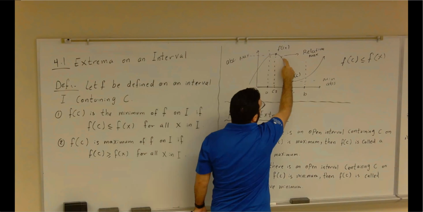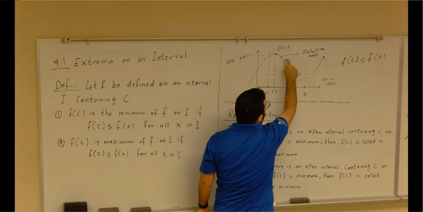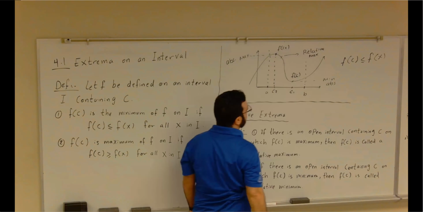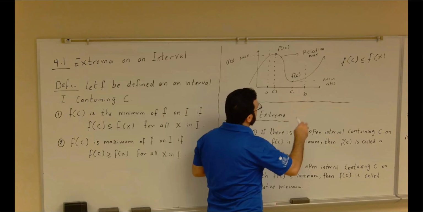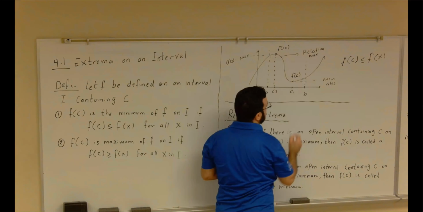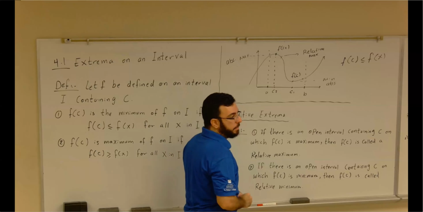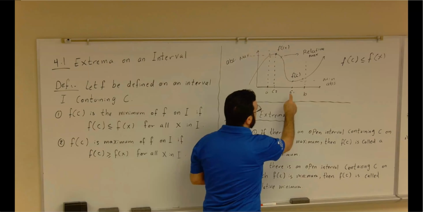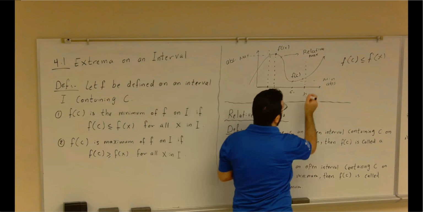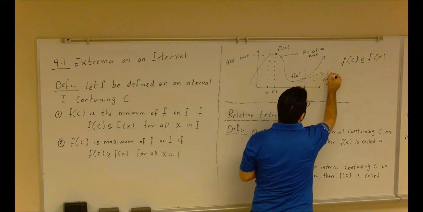Another maximum, but not the extrema one, we're going to call relative max. Now the same thing with the minimum. If I choose this point as a minimum point, I'm not going to call it the extrema minimum or absolute minimum, because the absolute minimum is here.